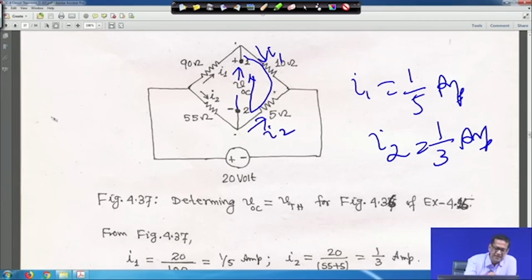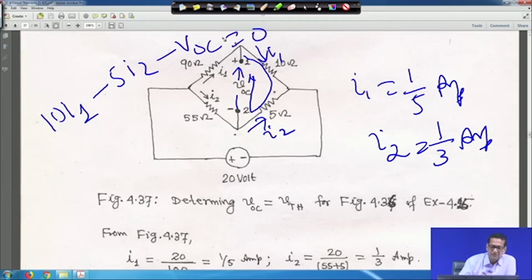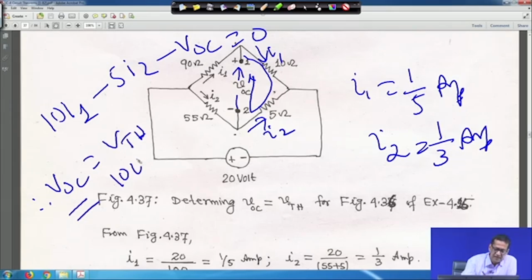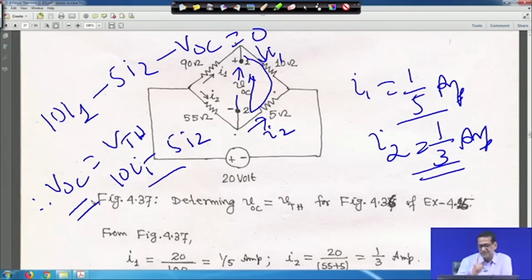So it will be 10 I1 minus 5 I2, because we are moving this way but the current is going that way, minus VOC, equal to 0. That means VOC, which is V Thevenin, is equal to 10 I1 minus 5 I2. Now put the I1 value and the I2 value, and you will get the V Thevenin voltage.